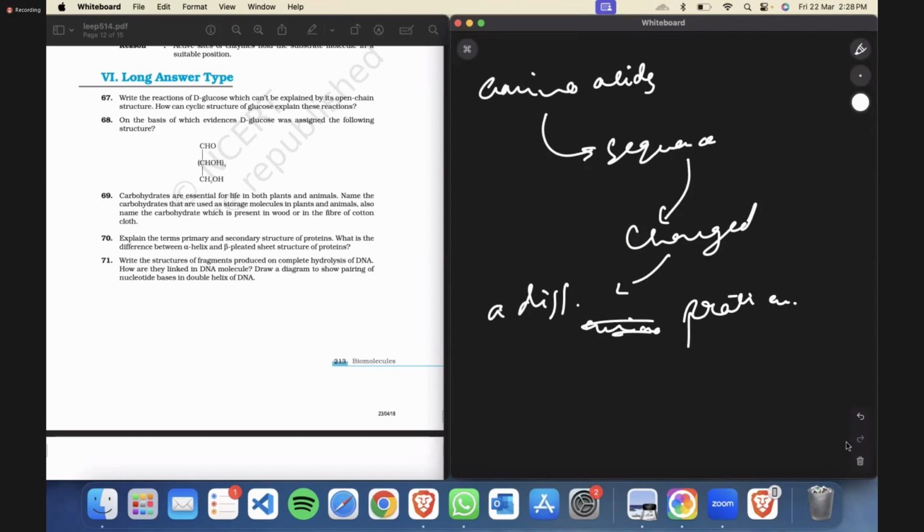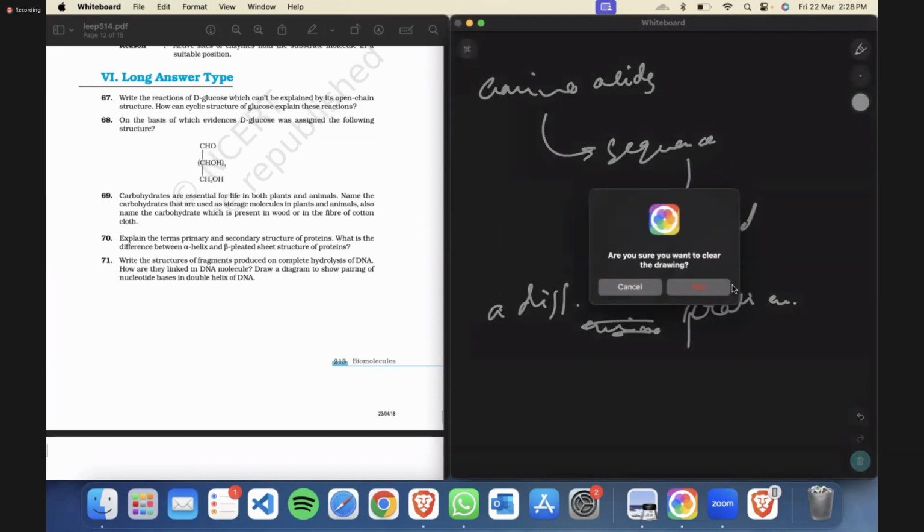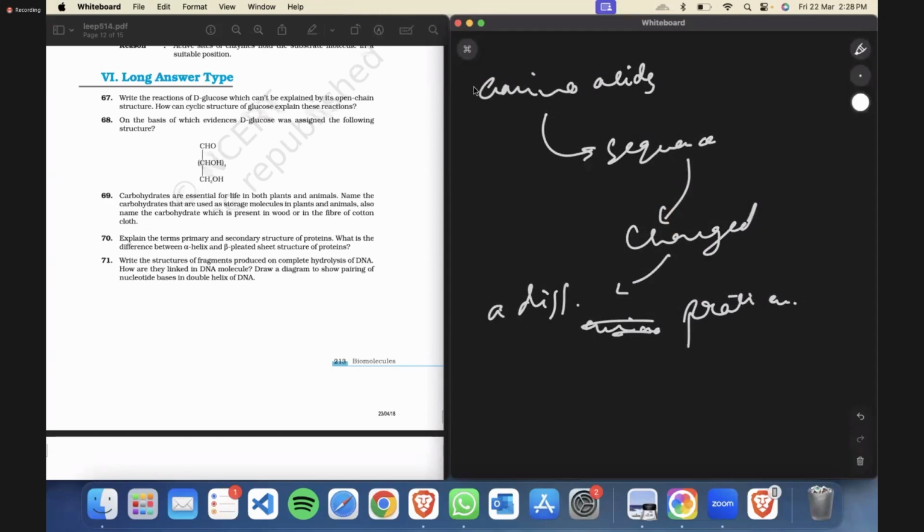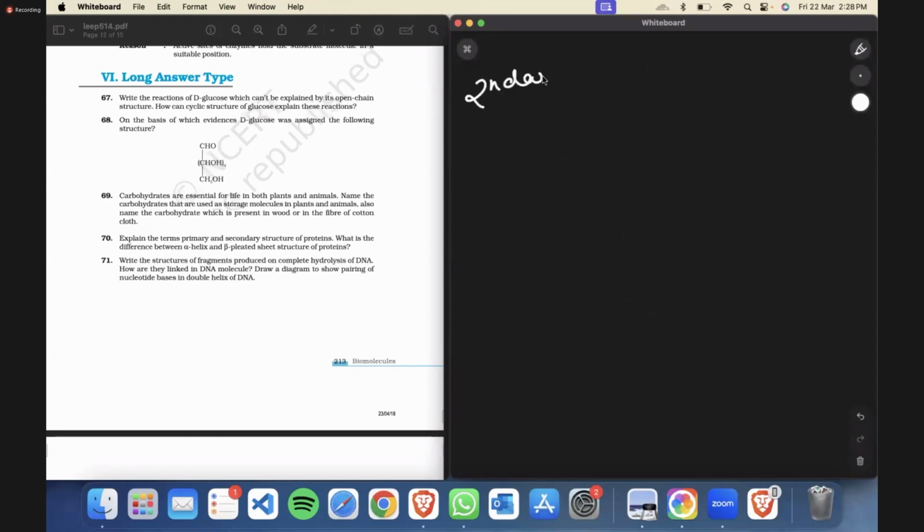Now secondary structure. The secondary structure gives the manner in which the polypeptide chains are folded or arranged. Therefore, it gives the shape or conformation of the protein molecule.